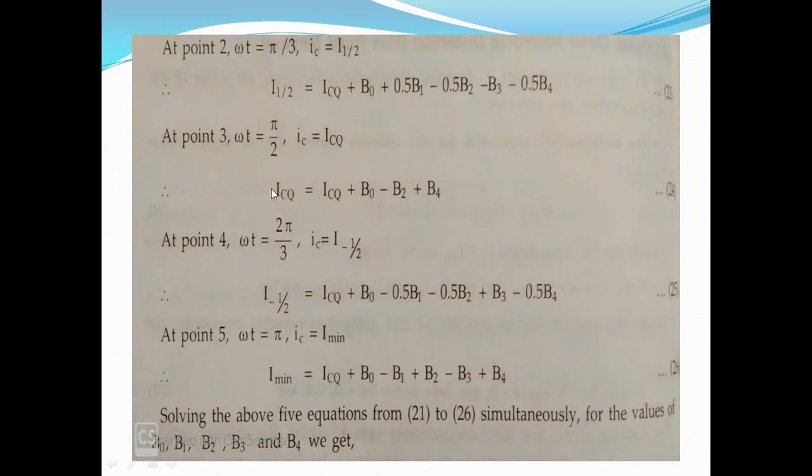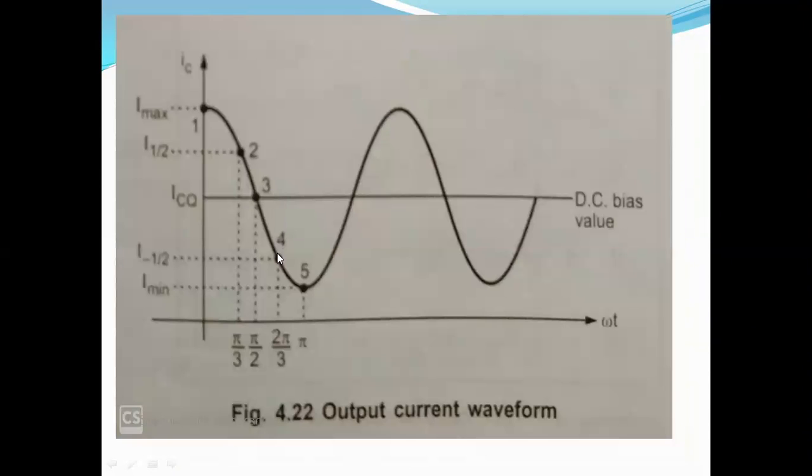At point 4, omega t is 2 pi by 3 and IC is I minus 1 by 2. Substitute those two values in this equation. Then I minus 1 by 2 is equal to ICQ plus B0 minus 0.5 B1 minus 0.5 B2 plus B3 minus 0.5 B4.